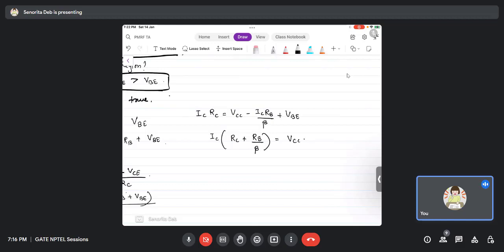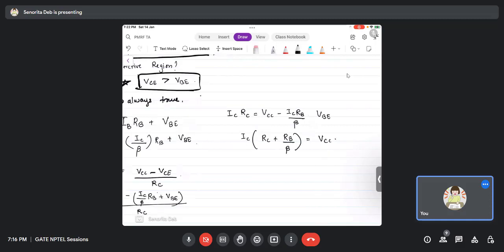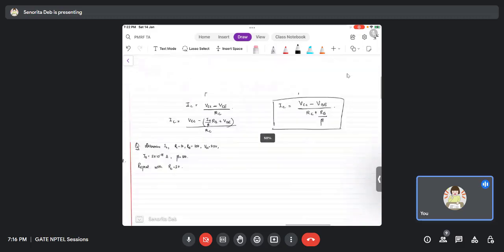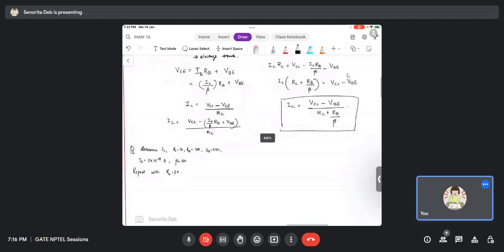This is minus. So it is VCC minus VBE. IC is nothing but VCC minus VBE by RC plus RB by beta. Please take a look at the derivation that I have done.